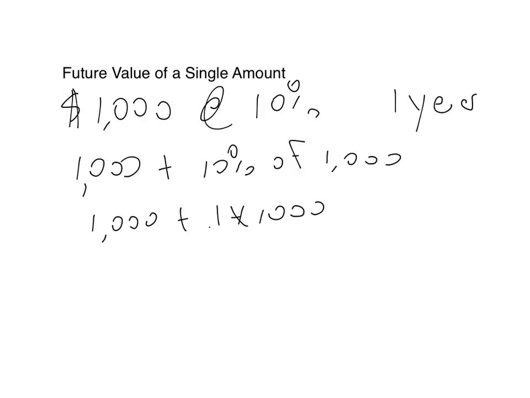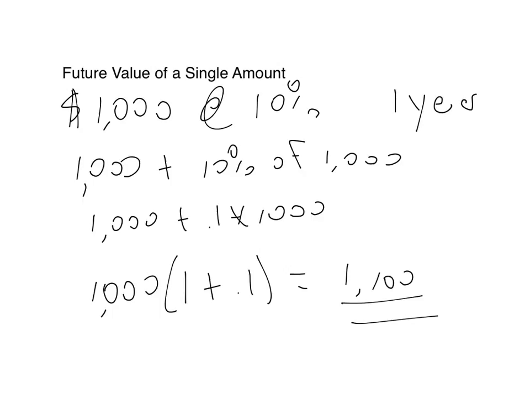If we simplify this, it becomes $1,000 multiplied by 1 plus 0.1, which is the interest rate. And that, of course, is $1,100. So after a year, we'll have the original $1,000 principal plus $100 worth of interest. So after a year, we will have accumulated $1,100.